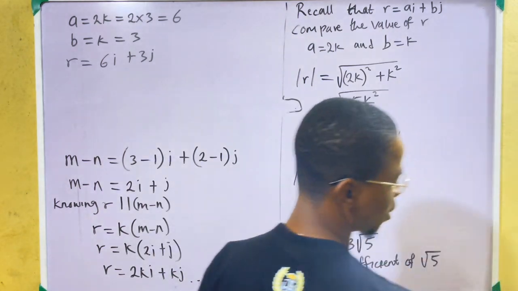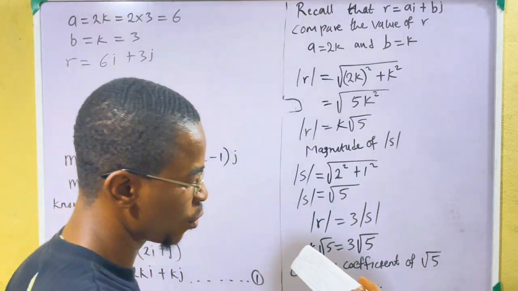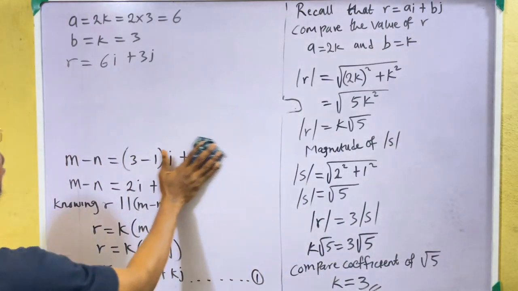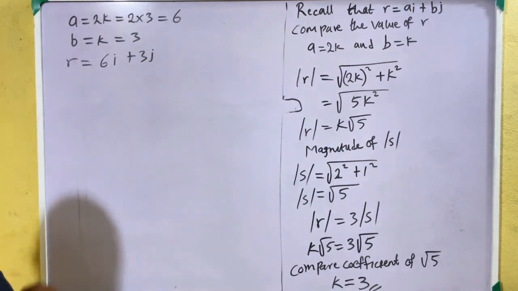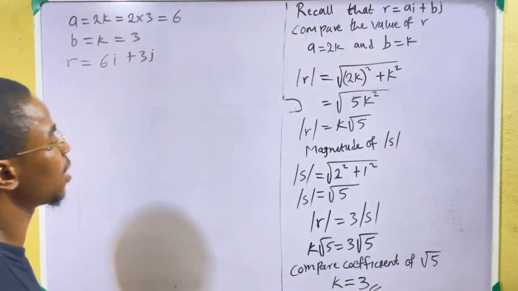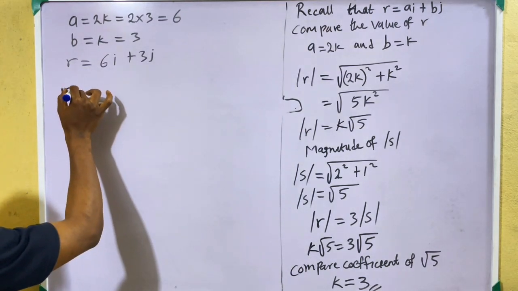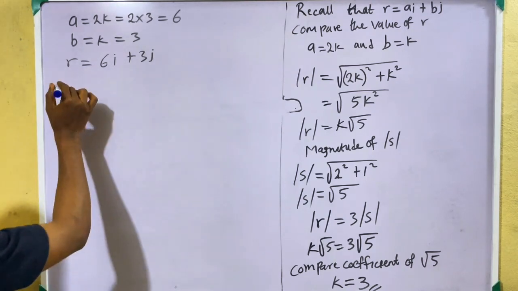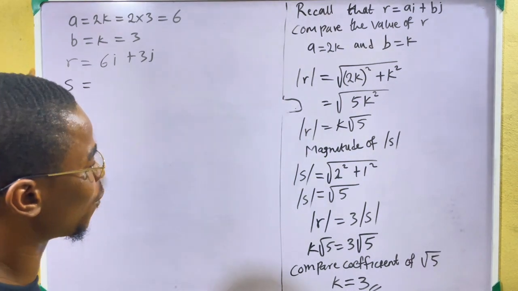So the next question says, calculate the magnitude and direction of R minus S. We have our R here, we have our S. Let me write my S here for those that cannot follow because we've wiped the side.